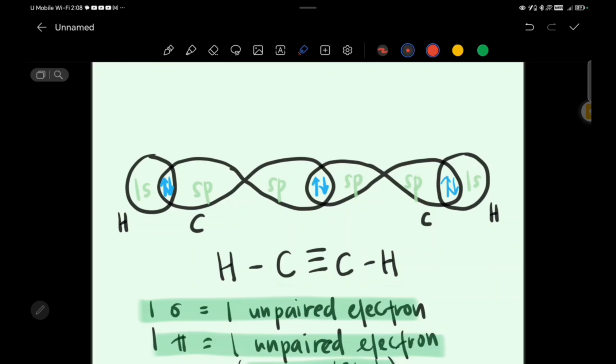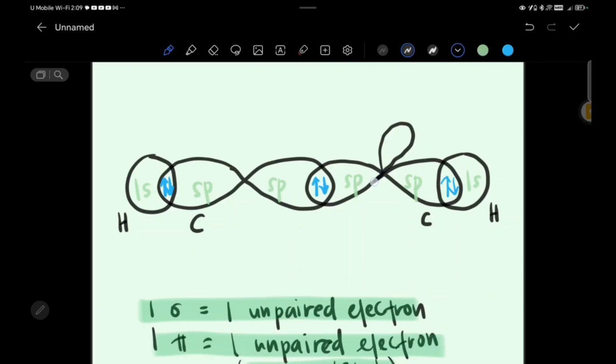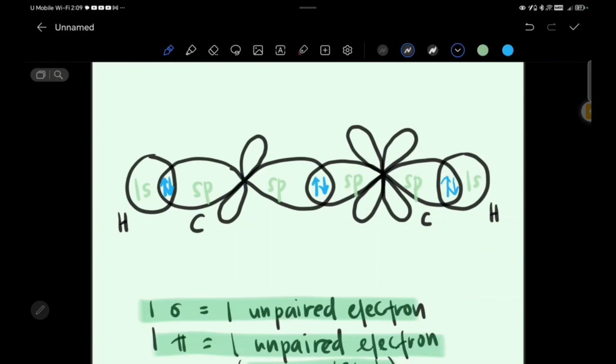Now we need to draw the pi bonds. So for the pi bonds we need to draw here, and here. I'm sorry for the bad drawings. And another one. Okay, now we are done with the pi bonds.